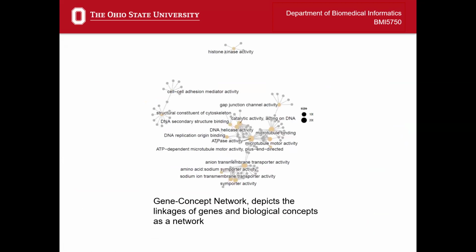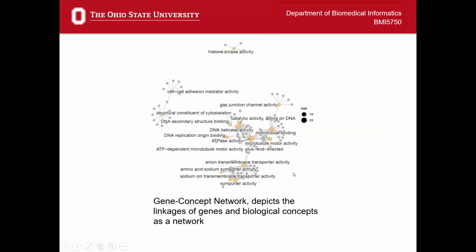Here is a gene concept network plot. It's going to plot the linkages of genes with biological concepts as a network. Each one of these gray dots is a gene. The tan dots are a gene term. And we can see cell-cell adhesion mediator activity connects to structural constituent of cytoskeleton based on one gene.